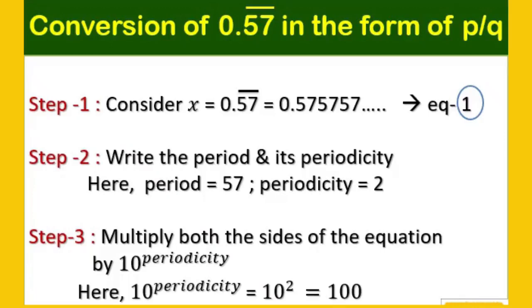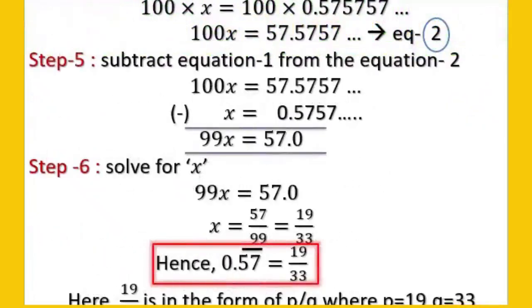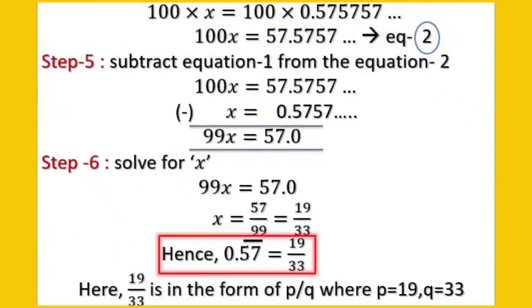Step 3. Multiply both sides of the equation by 10 to the power periodicity. Here, 10 to the power periodicity is nothing but 10 square. 10 square is 100. So multiply equation 1 by 100. 100 into x is equal to 100 into 0.575757 and so on, which is nothing but 100x is equal to 57.5757 and so on.